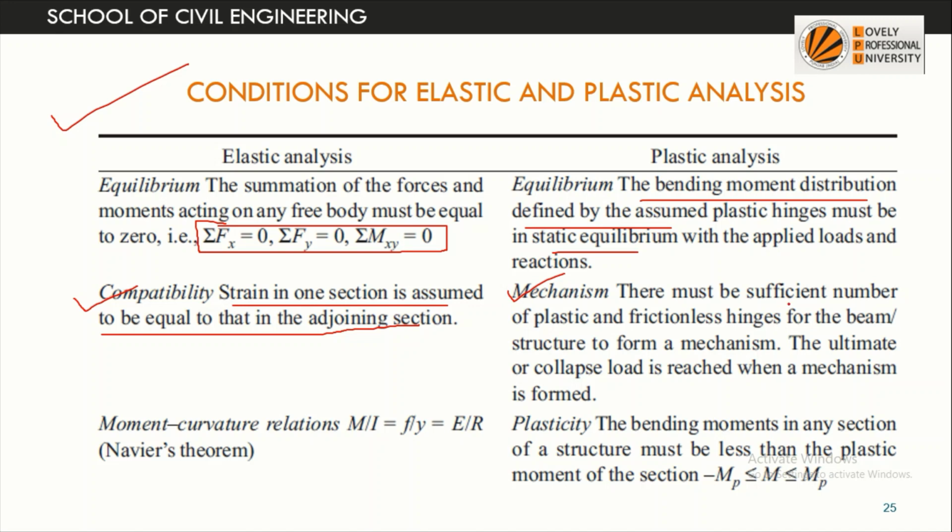There must be a sufficient number of plastic and frictionless hinges for the beam structure to form a mechanism. The ultimate or collapse load is reached when the mechanism is formed. Here we talk about the moment curvature relationship, that is M/I = f/y = E/R, whereas here we talk about plasticity. The bending moment at any section of a structure must be less than or equal to the plastic moment of the section for safety and serviceability.